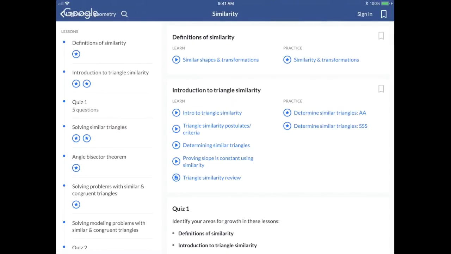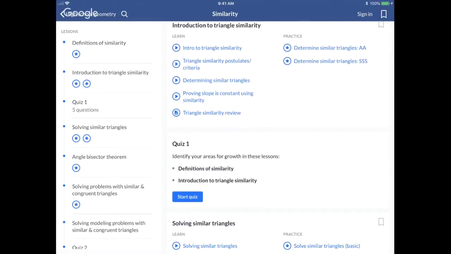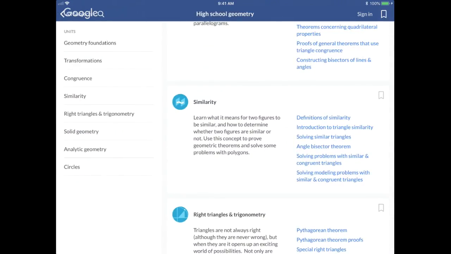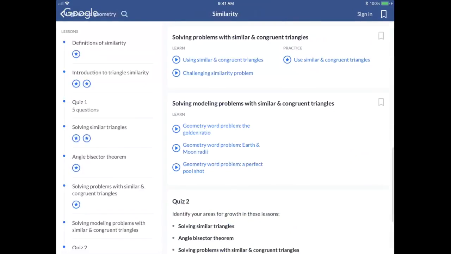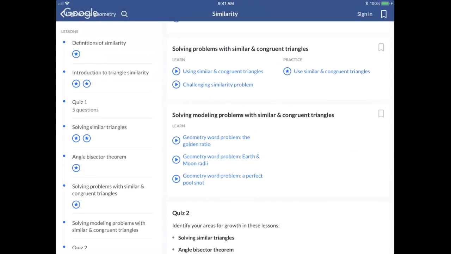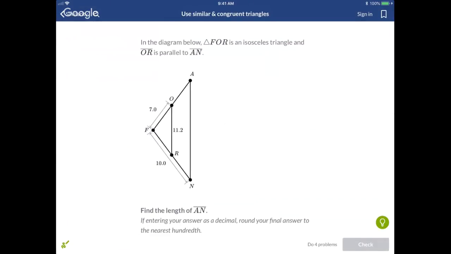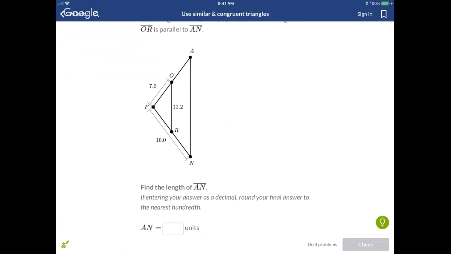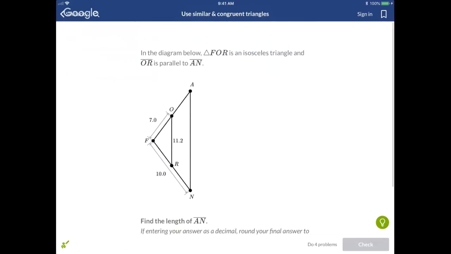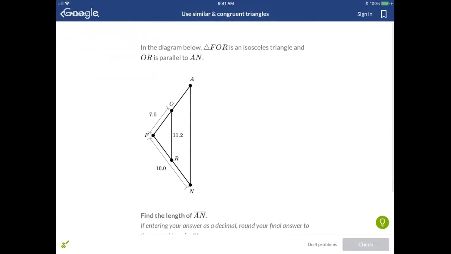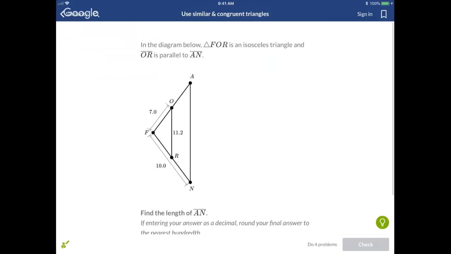Let's look at similarity and solve for some sides. Cool. So here's a question where we have to look at what it means that they're similar. We know that one triangle is isosceles, so we can see because of the isosceles triangle and the fact that they're parallel that this must have been a dilation that occurred.